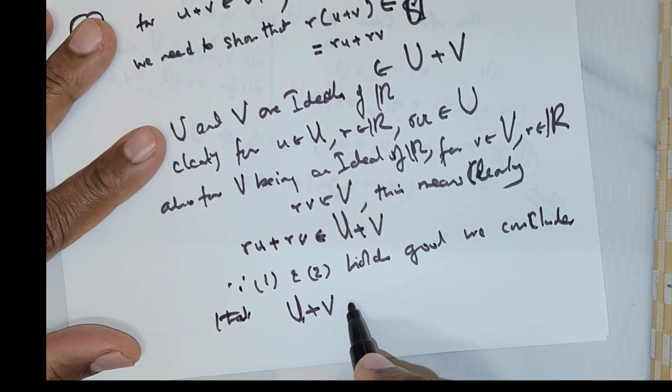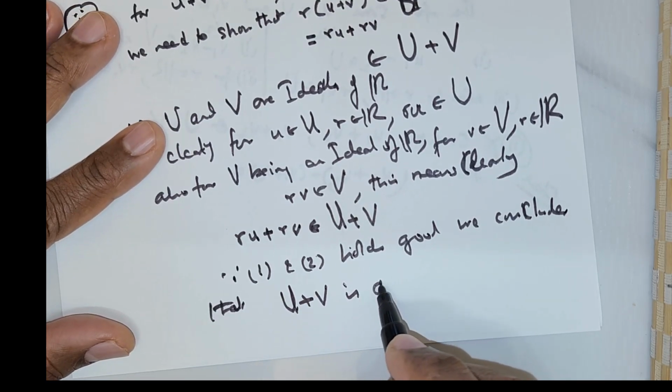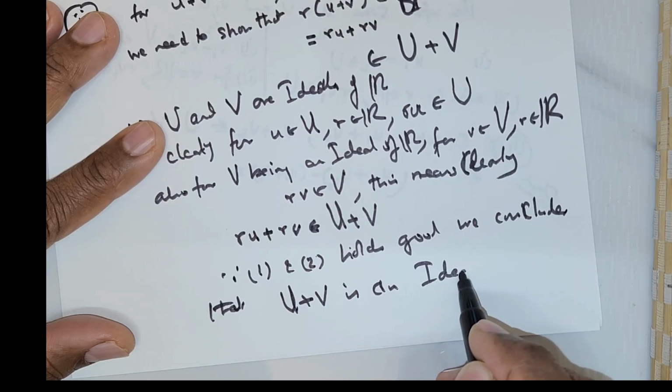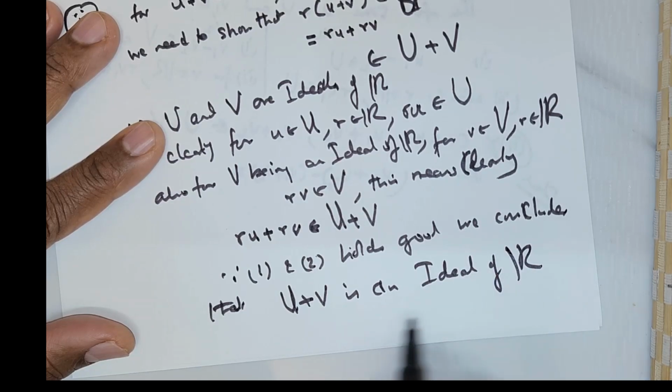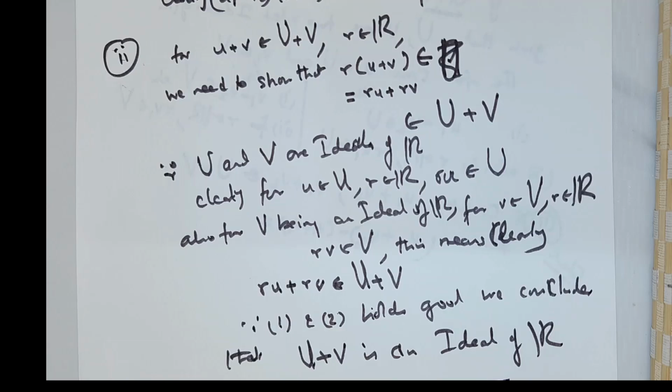U plus V is an ideal of R. Okay, so that is the conclusion for U plus V.